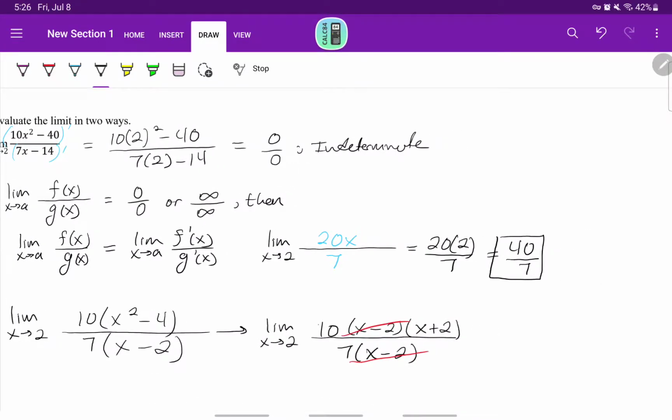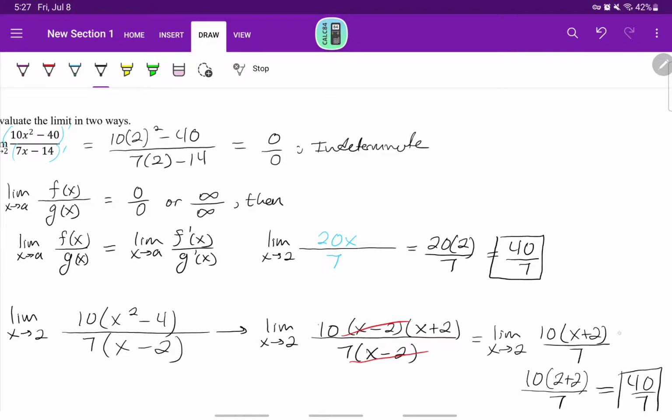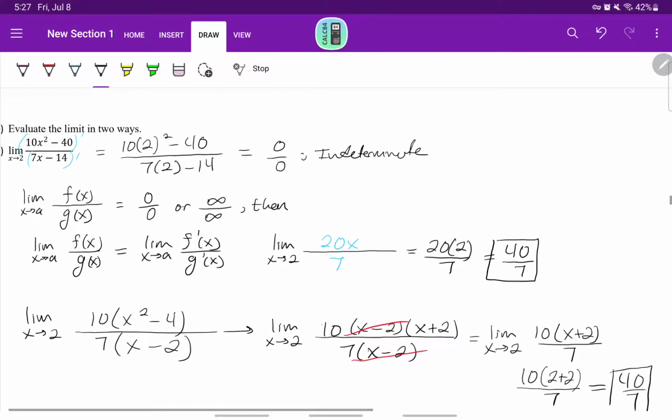So now we're left with the limit as x approaches 2 of 10 times x plus 2 over 7. Perform direct substitution. 10 times 2 plus 2 divided by 7. That's going to equal 40 over 7. And that is how you solve the limit in two different ways.